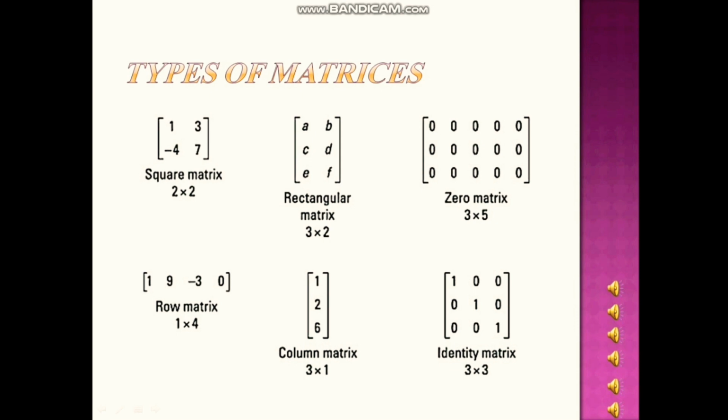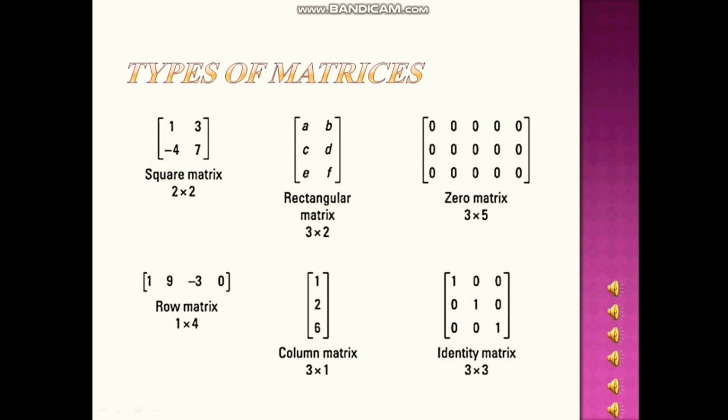Type number 4, we have row matrix. This means the matrix included 1 row only, but the elements depend on the matrix. In this example, we have a row matrix with 1 row and 4 columns. So the order of this matrix is 1 by 4.